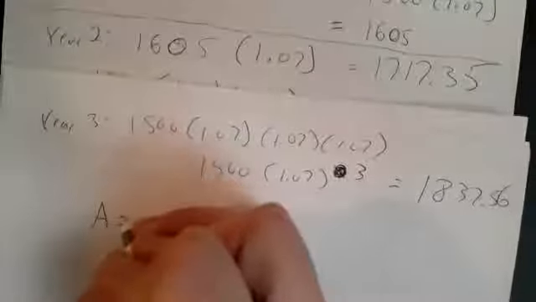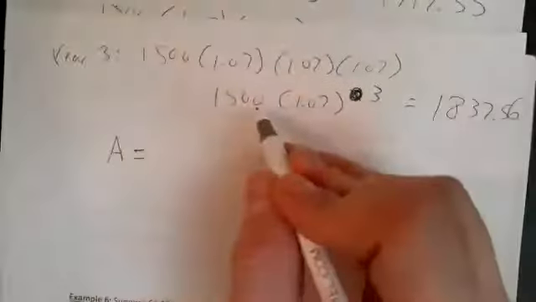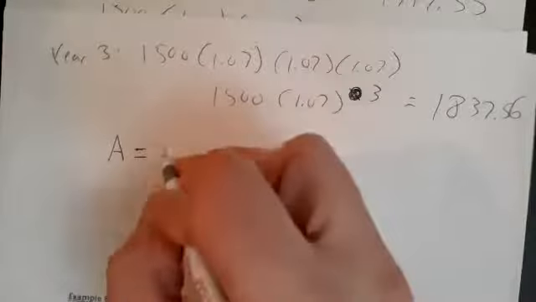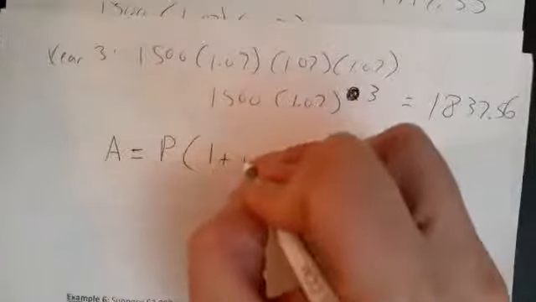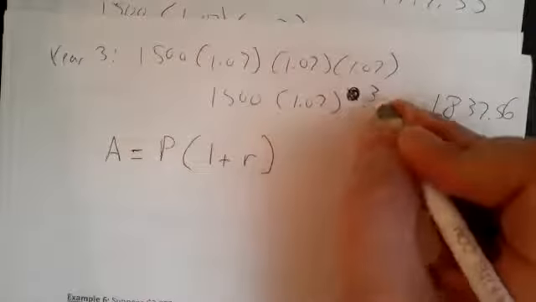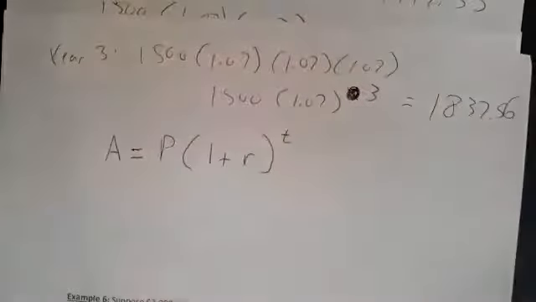So if we want to figure out the accumulated amount, or our account balance after 10 years, or after X years, this 1500 is coming from something called the principal. This 1.07 I'm getting from 1 plus my interest rate. And this 3 they're getting from the time, the year 3.